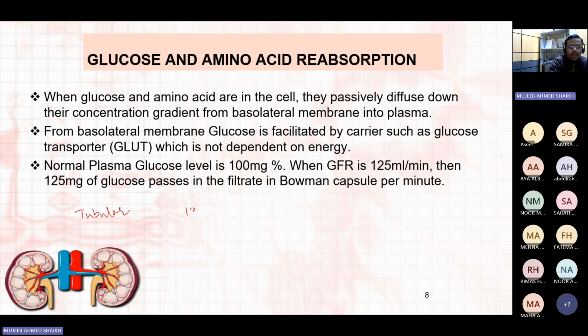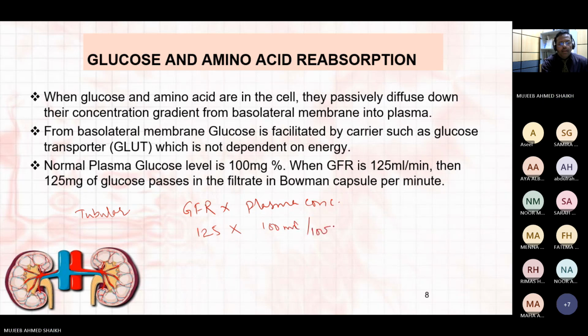So at the end we have the formula I showed you in the beginning. The formula is GFR multiplied by the plasma concentration of that substance. GFR is 125 if the person has normal kidneys. Suppose the glucose concentration is 100 milligram per 100 ml.